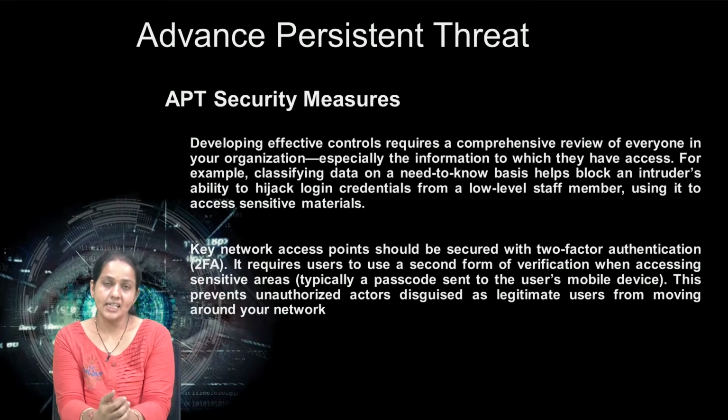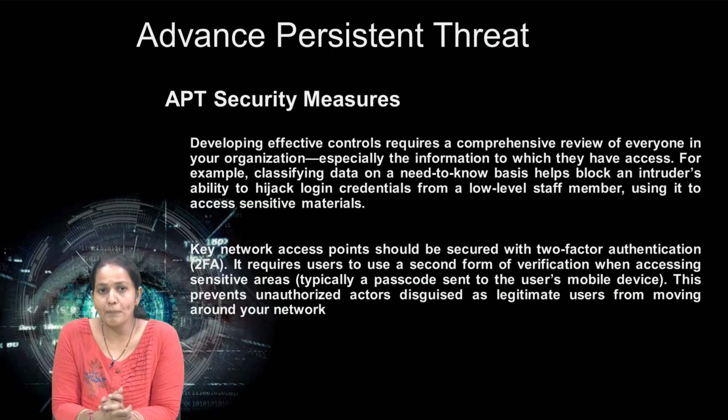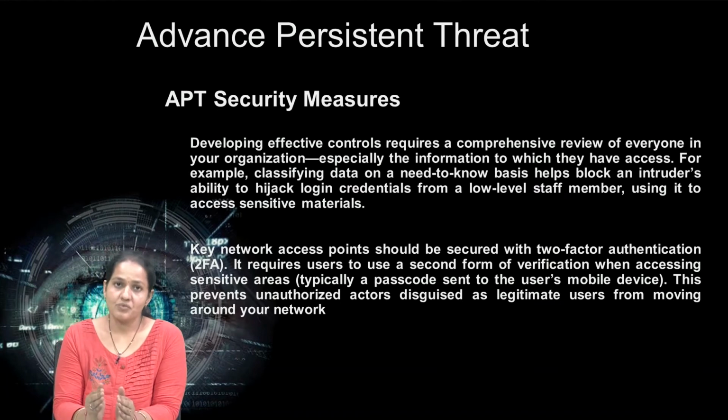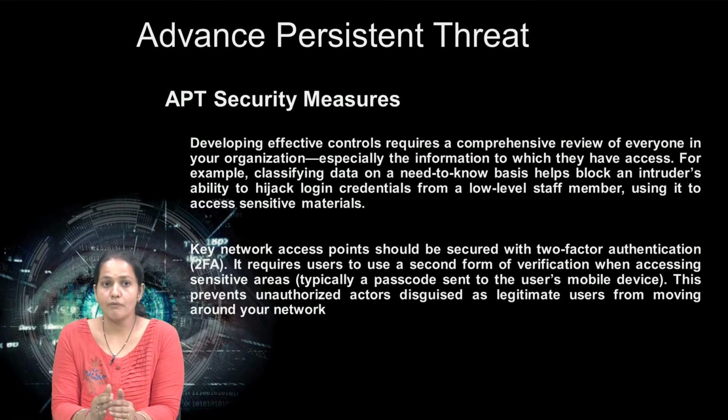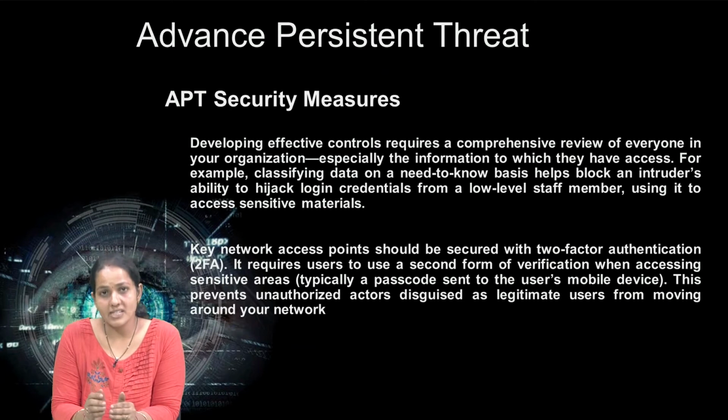Now, other security measures. Developing effective controls requires a comprehensive review of everyone in your organization, especially the information to which they have access. That means a detailed, systematic review of everyone in the organization who uses the network, along with the information they have access to.